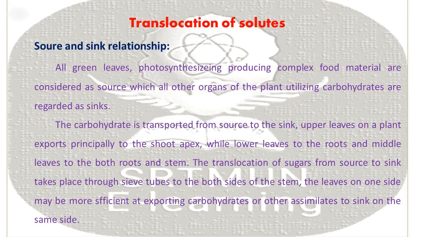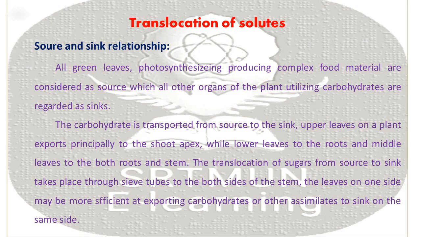The carbohydrate is transported from source to sink. Upper leaves on the plant export principally to the shoot apex, while the lower leaves export to the roots and middle leaves to both roots and stem.